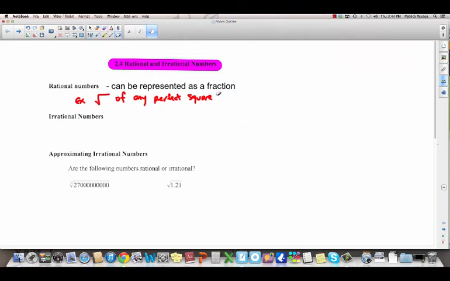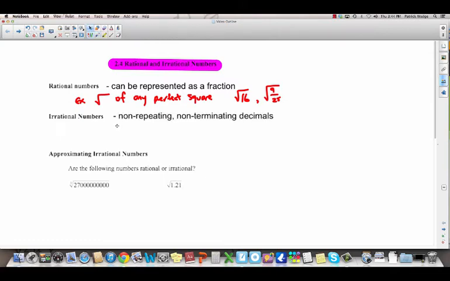Those are all rational numbers. Like the square root of 16, that's 4. Yep, that's a rational number. The square root of 9 over 25, that's 3 over 5. So those are all rational numbers. This is all review.